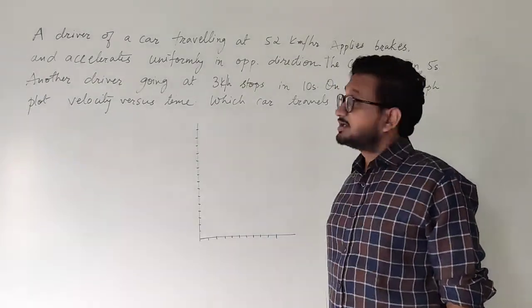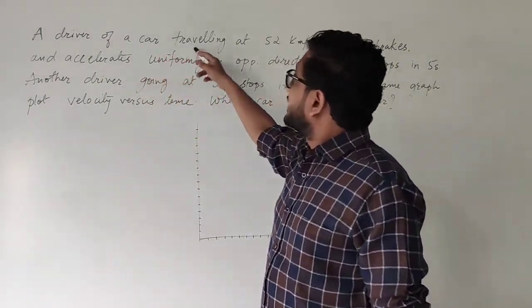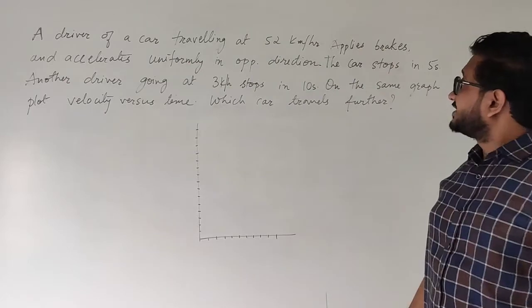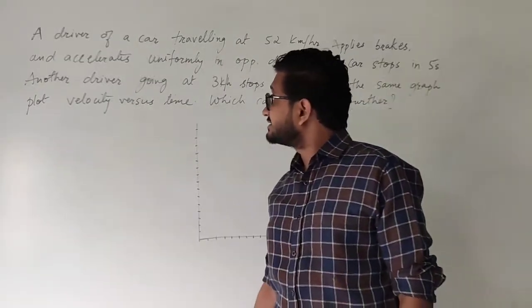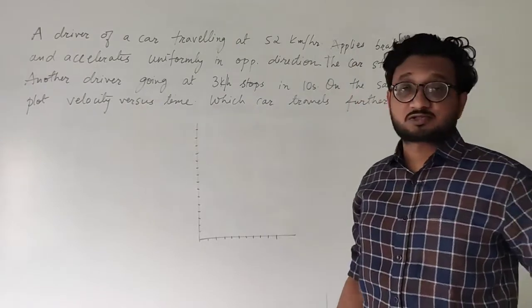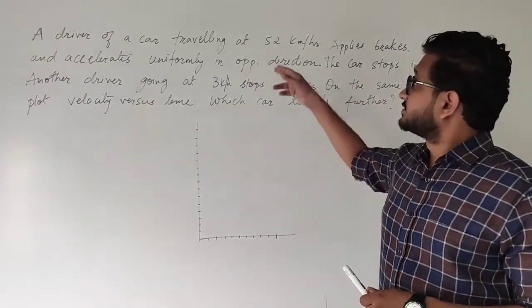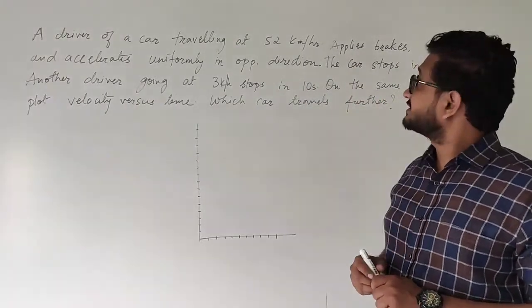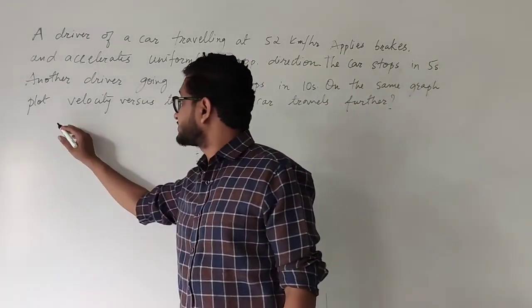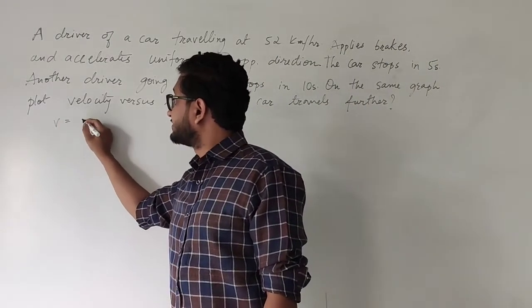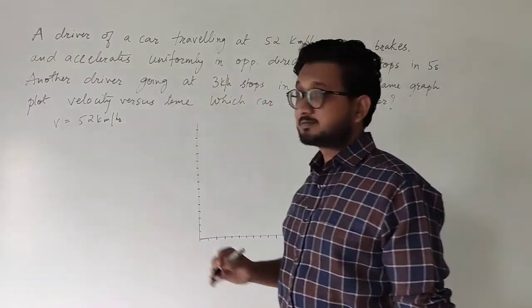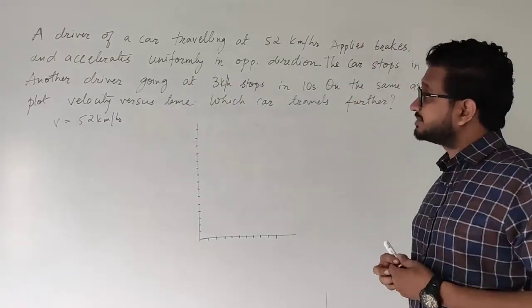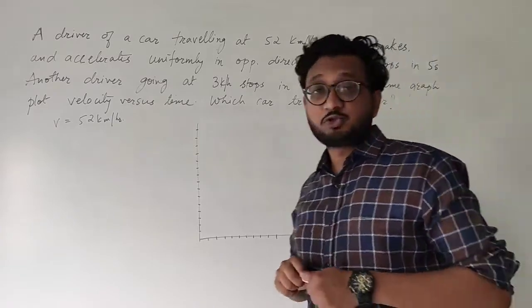Starting this, the driver of a car traveling at a speed of 52 kilometers per hour applies brakes and accelerates uniformly. So first of all, the driver is driving with a speed of 52 kilometers per hour. You have been given velocity, that is 52 kilometers per hour, and the driver applies brakes and accelerates uniformly.